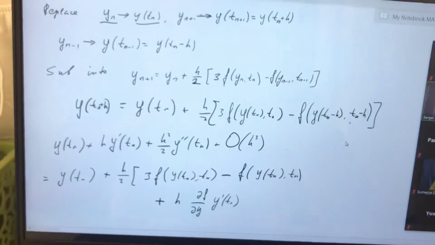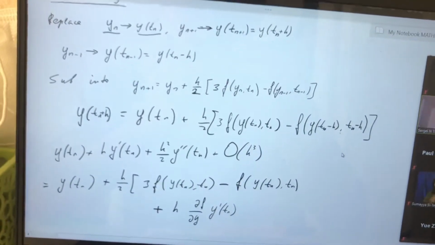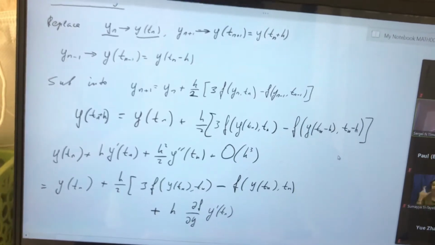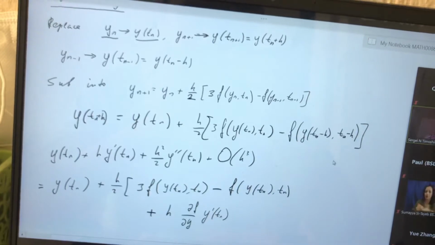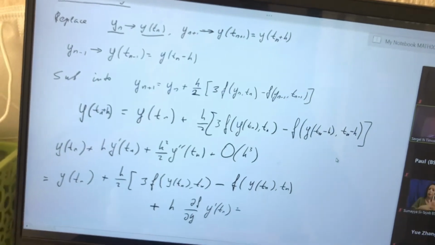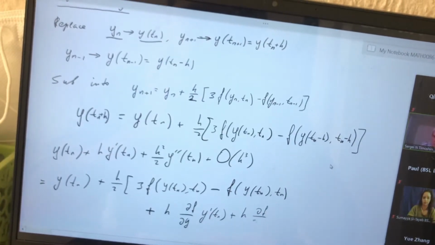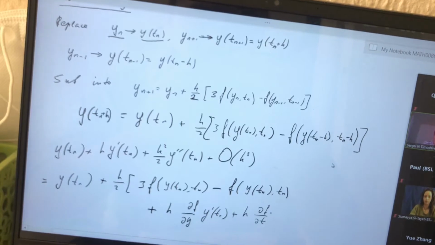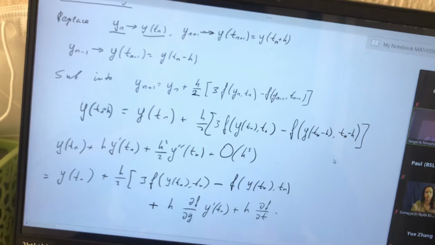Also, because we have two variables in the function f, we need to expand in the Taylor series in the second variable as well. There is a minus h times minus in front, which gives us plus h, partial derivative df by dt computed at y at t_n, and that's it, times 1, dt by dt.